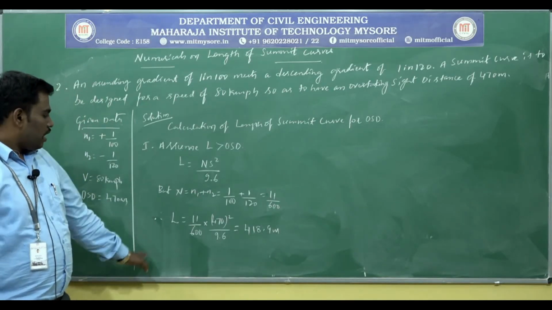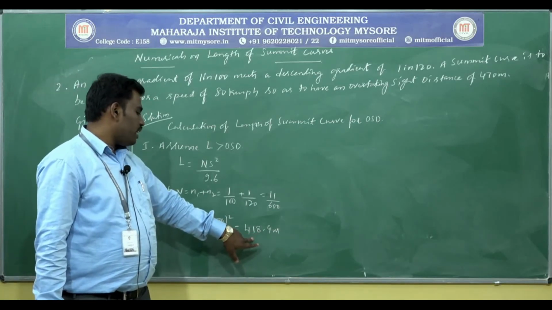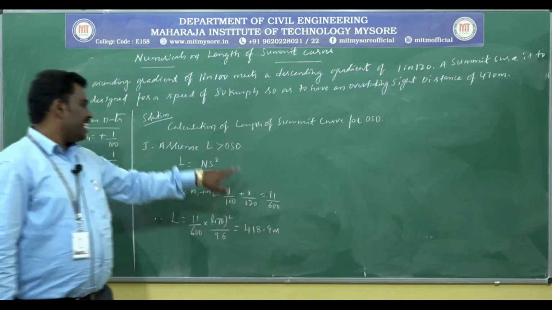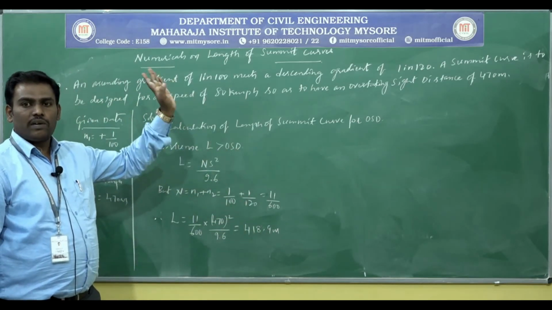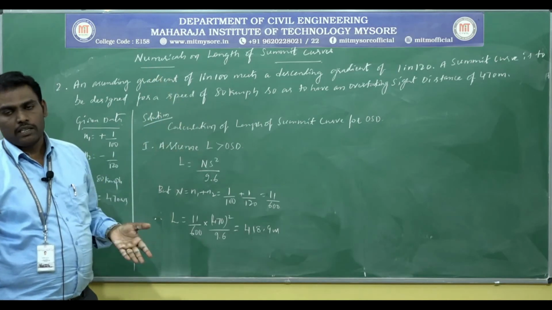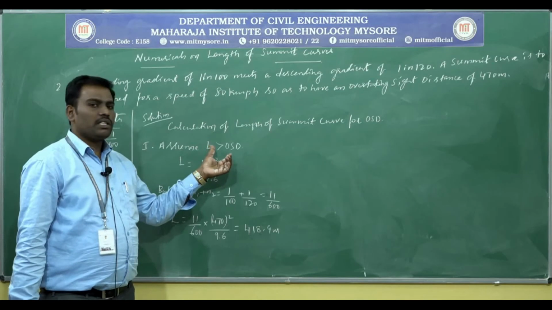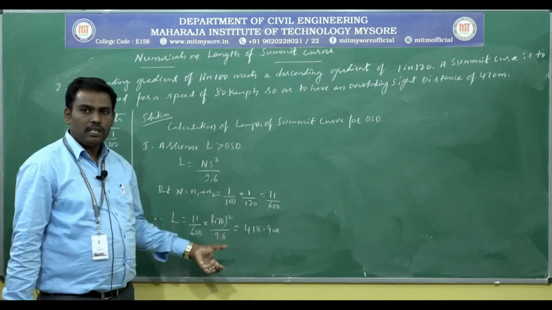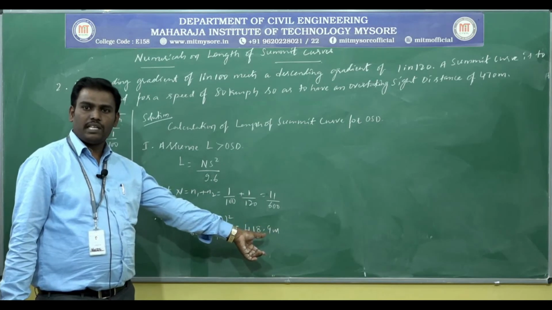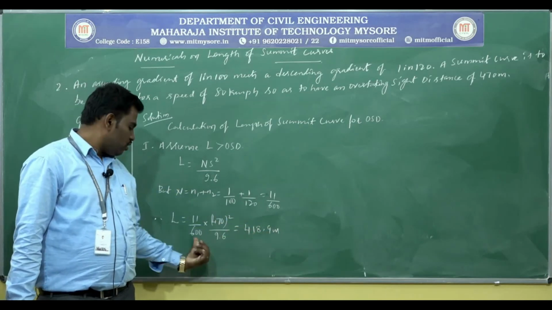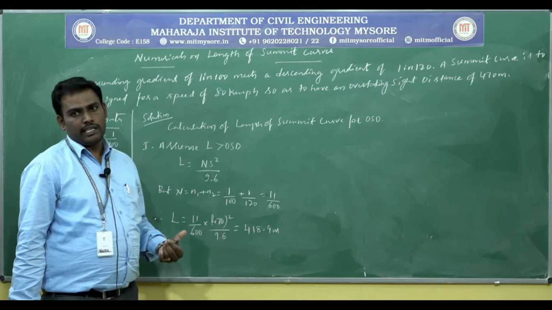Is it clear? You may observe here, as the length of 418.9 meter is less than the overtaking sight distance of 470 meter, the assumption is wrong, because we assumed that the length of summit curve is greater than OSD, but here the length of summit curve is less than OSD. Your OSD is 470 meter and you get about 418 meter as the length of summit curve.